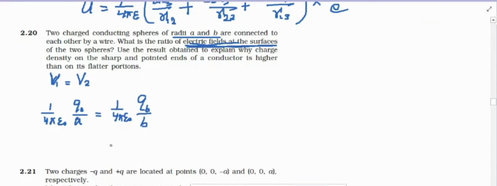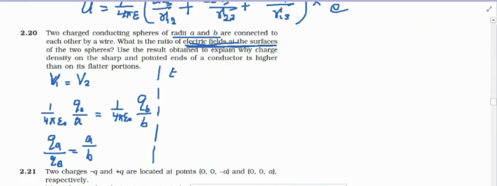Simplify the equation, then find the value of QA divided by QB. QA divided by QB is equal to A divided by B. Now, next, we have to calculate the electric fields.